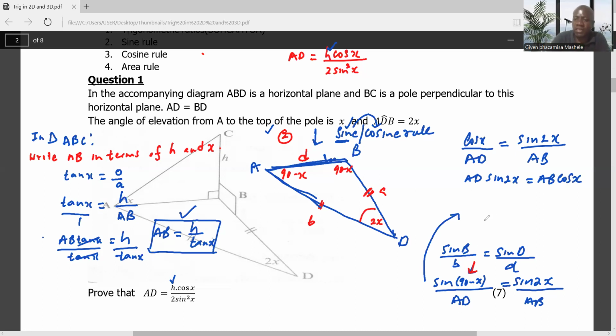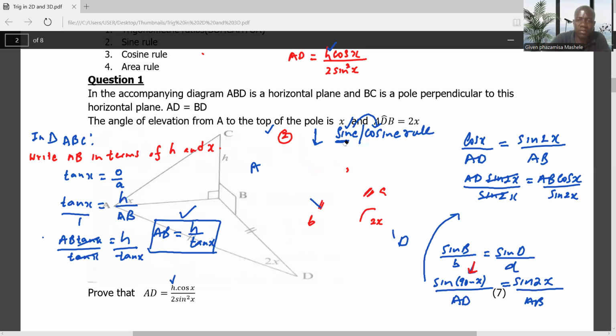Now we can divide by sine 2x because we want to get AD. It's fine, there's no problem. Let's just divide it by sine 2x. So what will this give us?